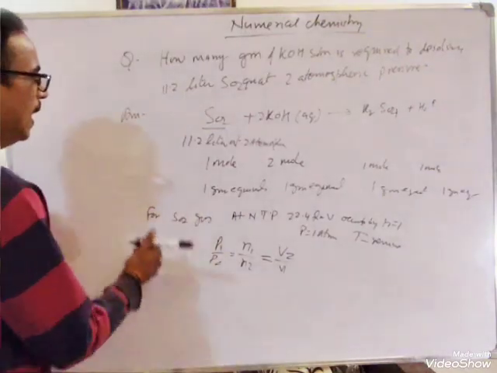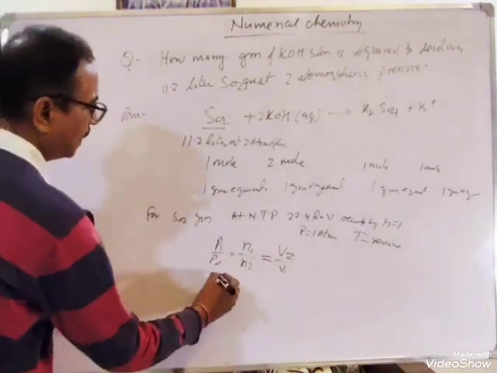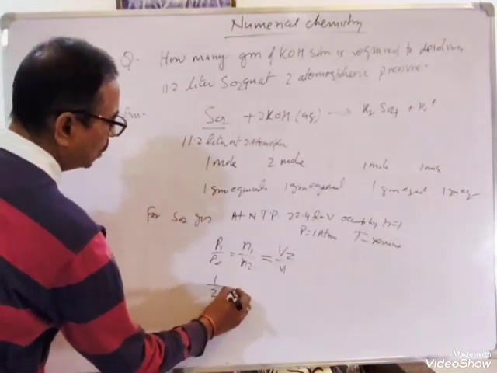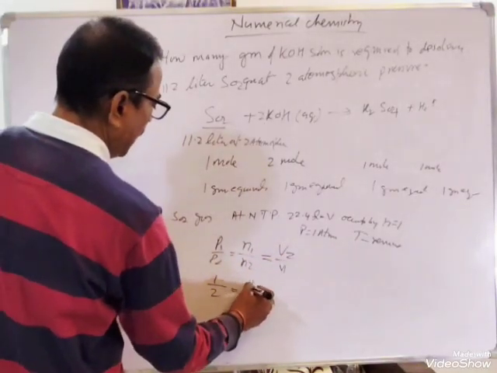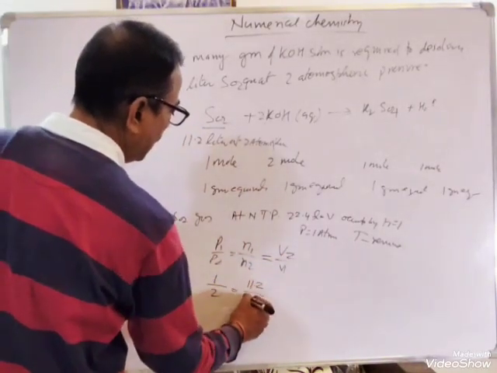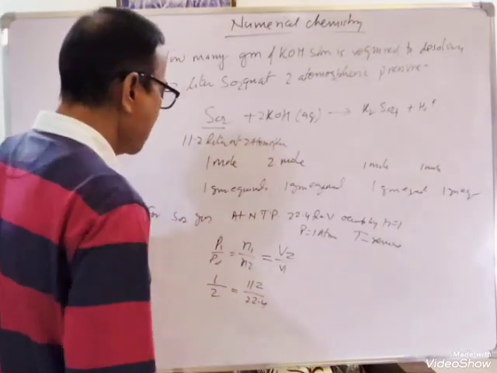Pressure in the first case is 1 atmosphere, in the second case 2; volume in the second case is 11.2, in the first case at NTP 22.4.